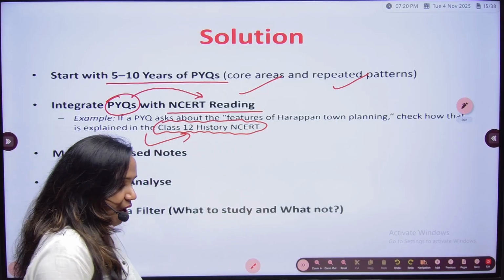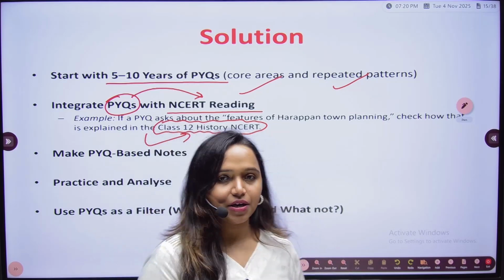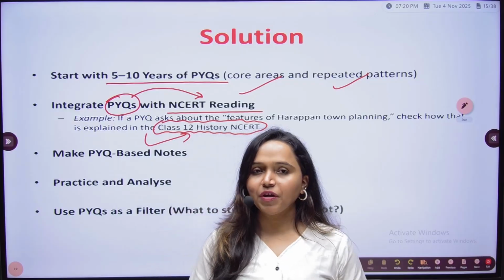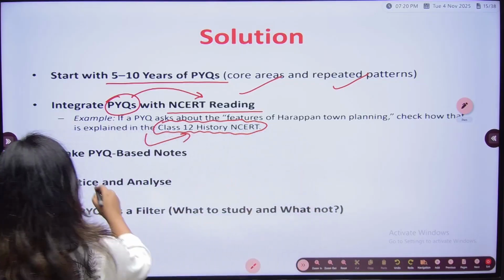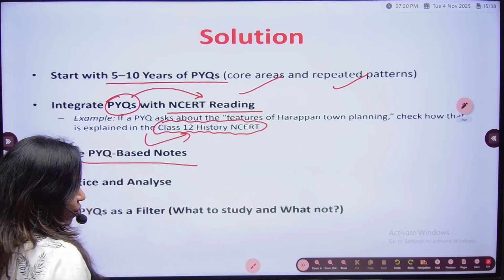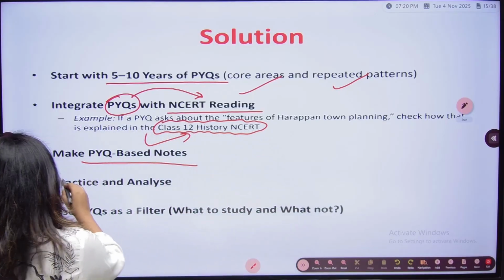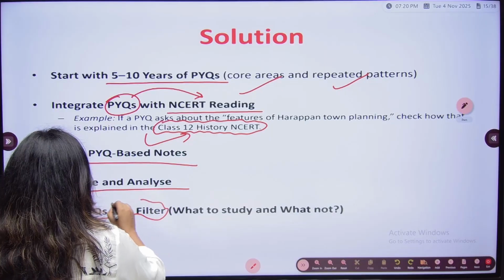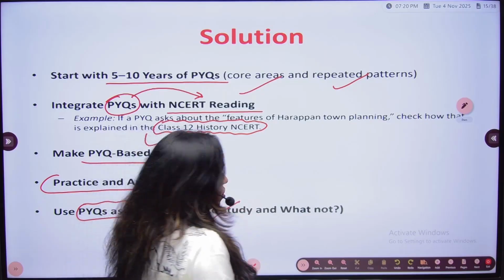So you have to integrate your preparation and your syllabus with NCERTs so that you can know the pattern through PYQs and focus on the things which are really important. Make PYQ-based notes. Again, I have already told you that it's very important to understand PYQs, and then practice, analyze, and use PYQs as a filter, which we have already seen is important to know what to study and what not.